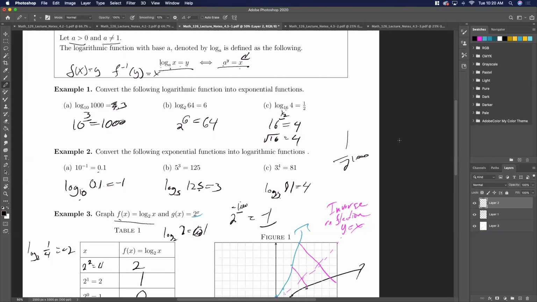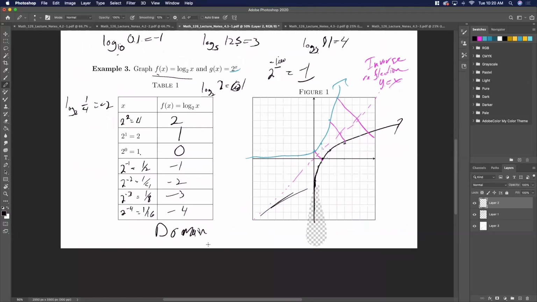And so the domain of logarithmic functions is, if I have log base b of x, x is strictly greater than 0.